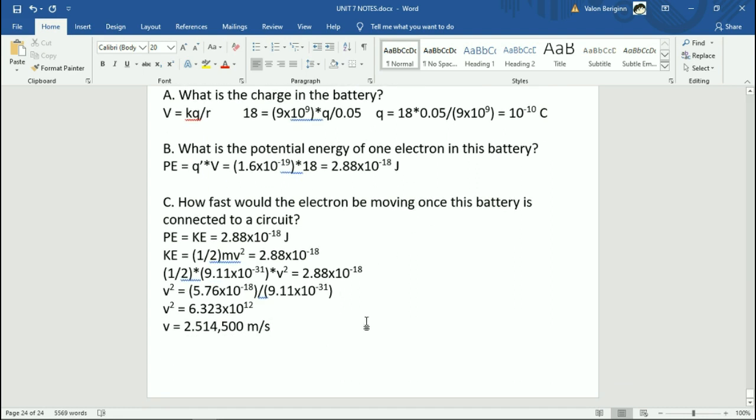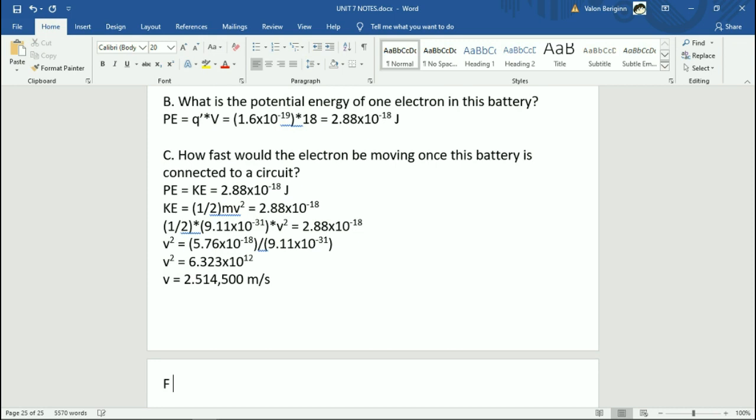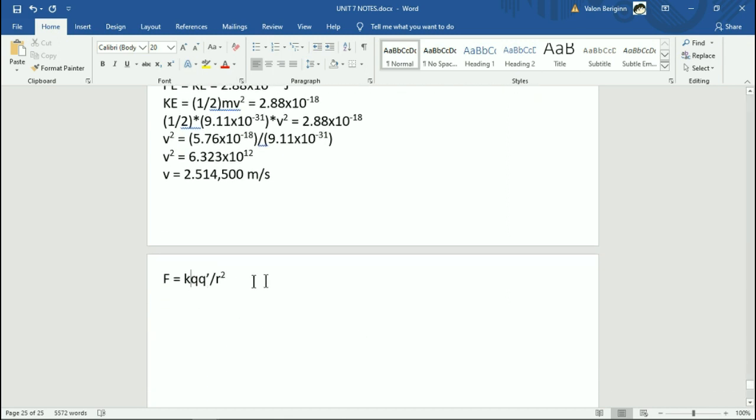It's not really technical, but if you have two charges and you want to know the force between them, and you know the two charges are equal, then you can just change this to q squared. Then if you know r and the force, q squared equals F times r squared divided by k.